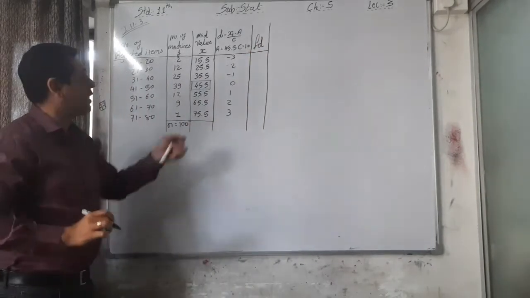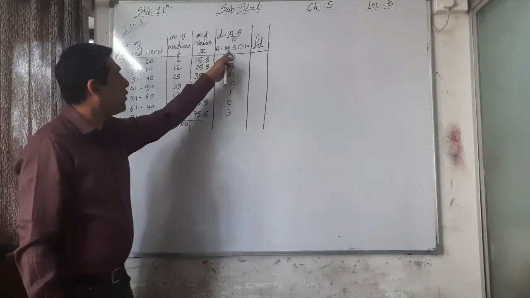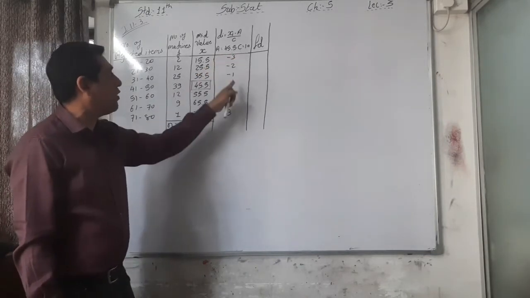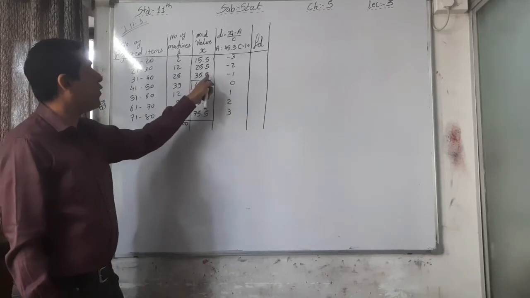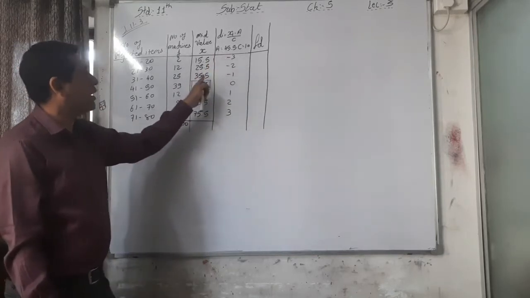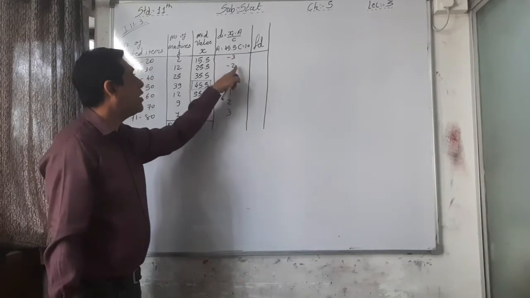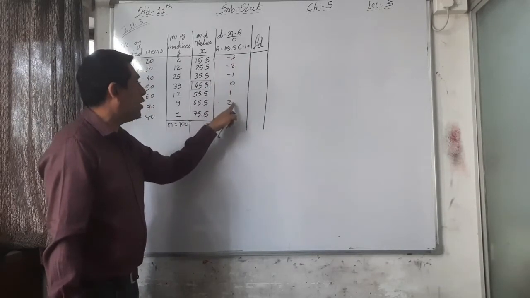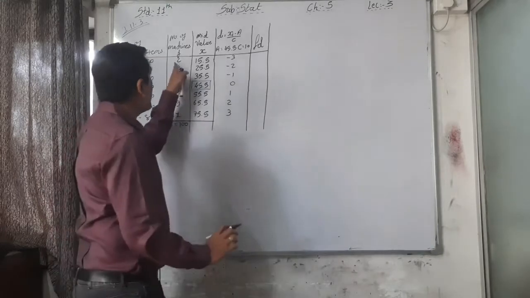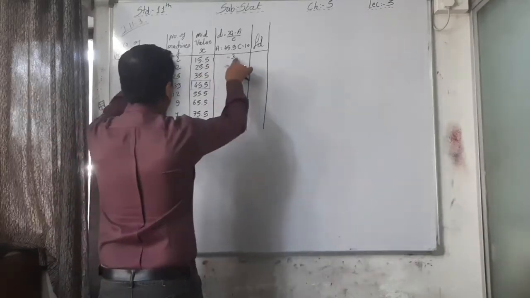Just find out in your calci, 45.5 minus 45.5 divided by 10, that is 0. Then 35.5 minus 45.5 divided by 10 is equal to minus 1, minus 2, minus 3, here 1, 2 and 3. So here FD is equal to what?